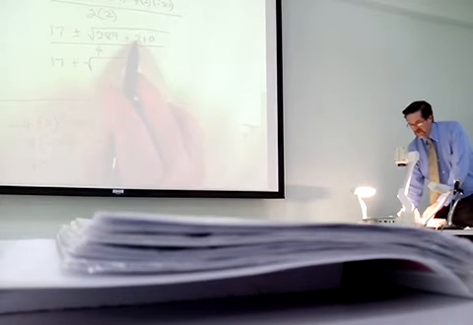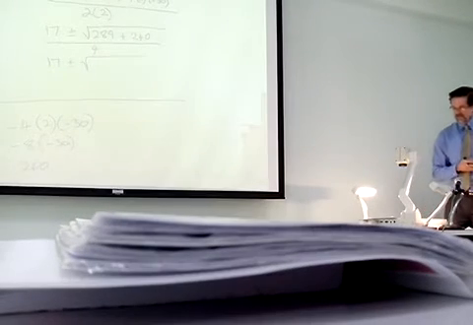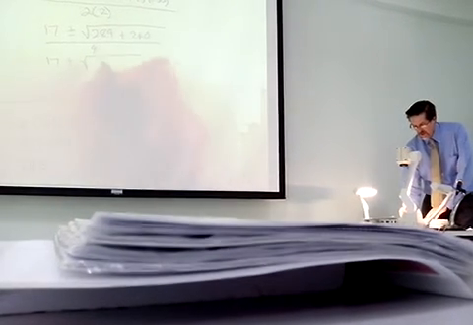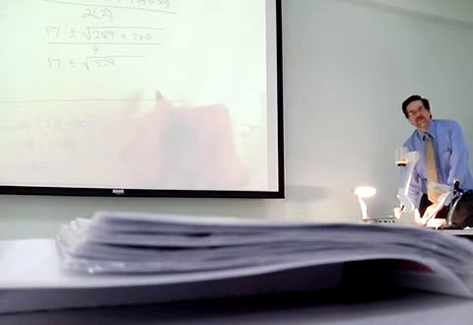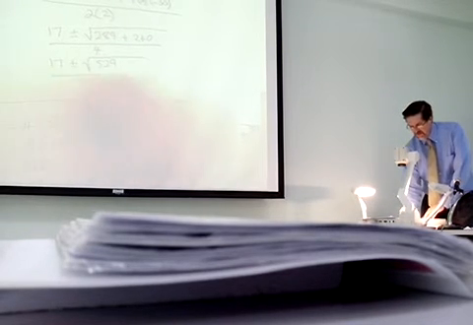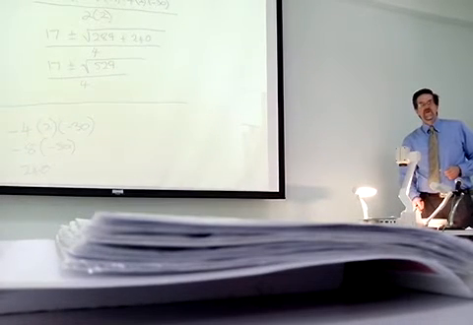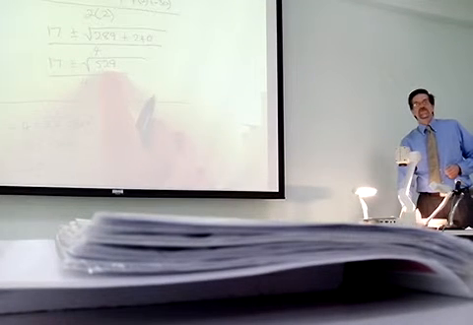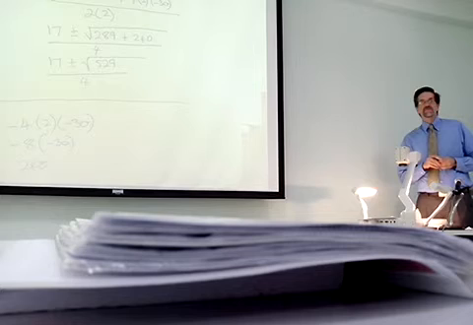Okay, so 289 plus 240 is 529, right? Divided by 4. What is the square root of 529? Can you calculate on a calculator?